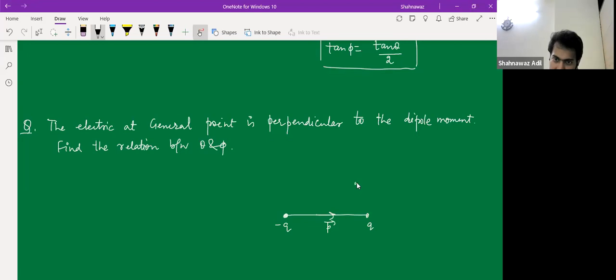And this electric field is perpendicular. E net is perpendicular. So you find what is the relation between this theta and the phi.